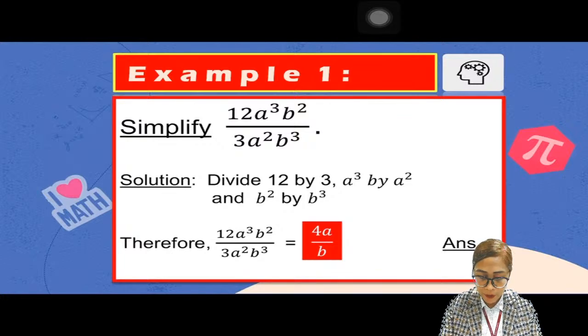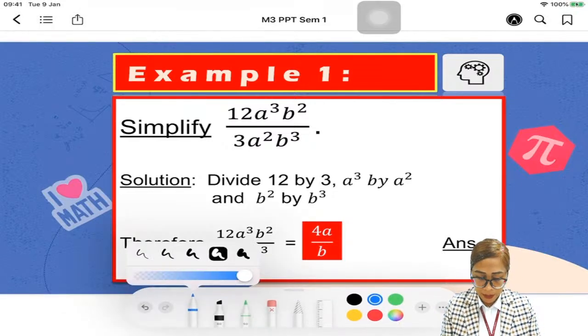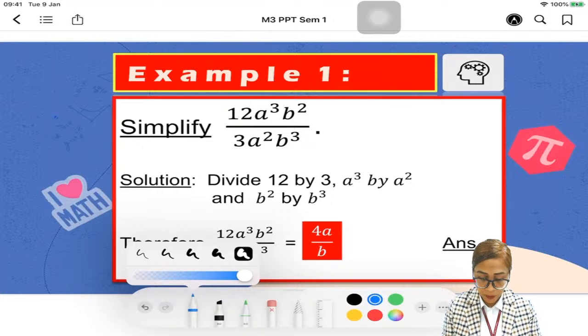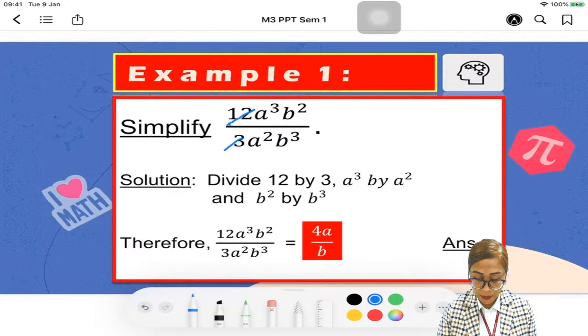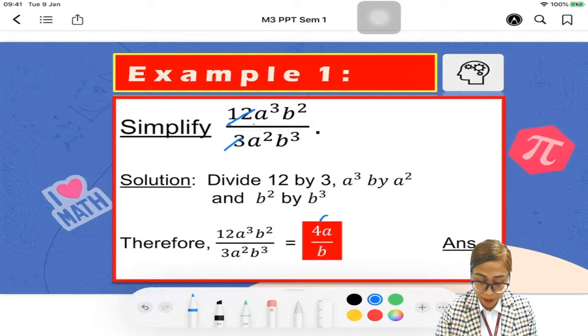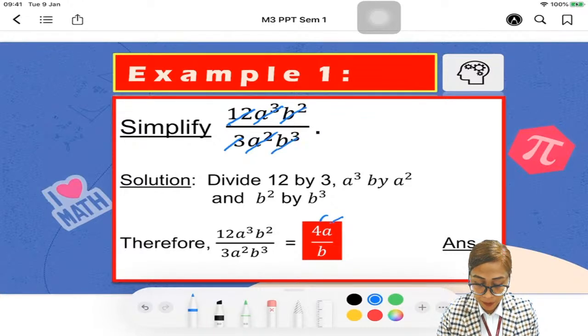Divide 12 by 3, and the answer is 4. a cubed divided by a squared is equal to a.